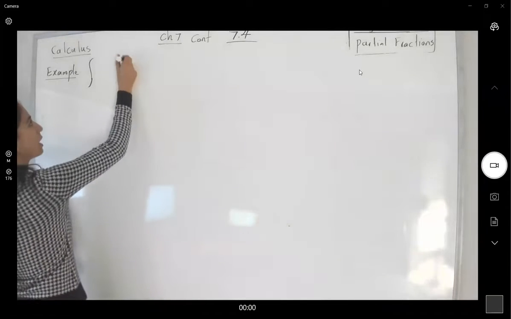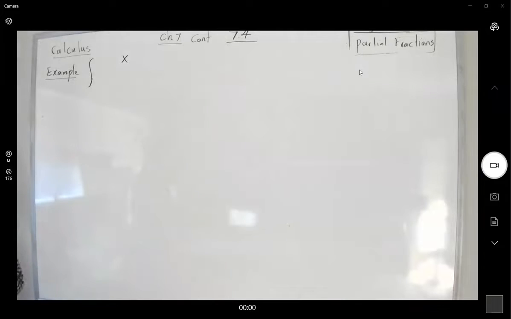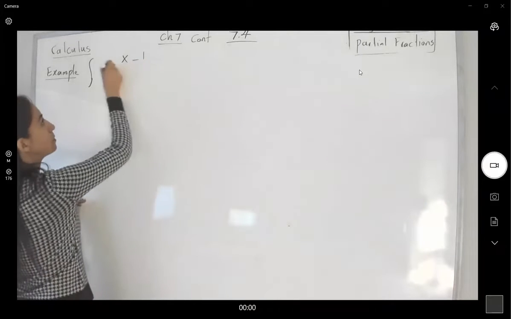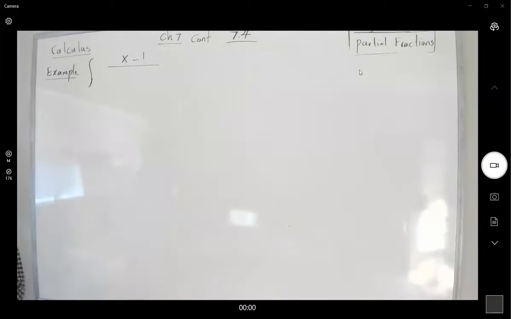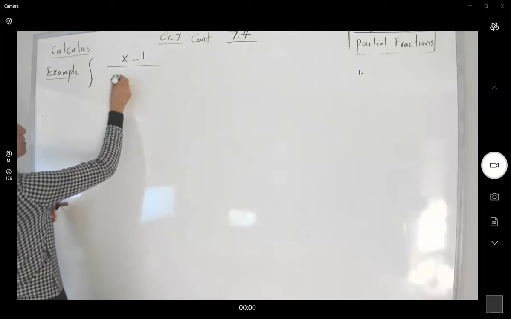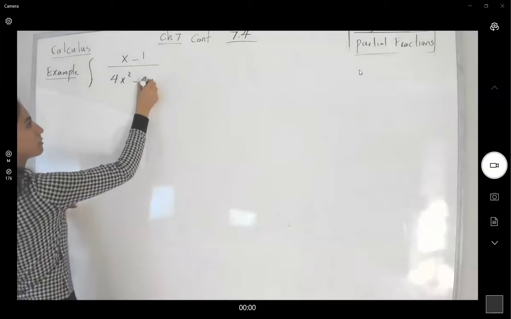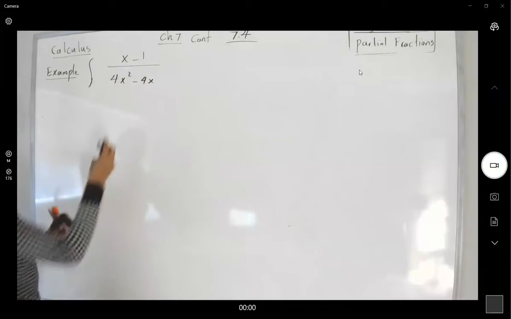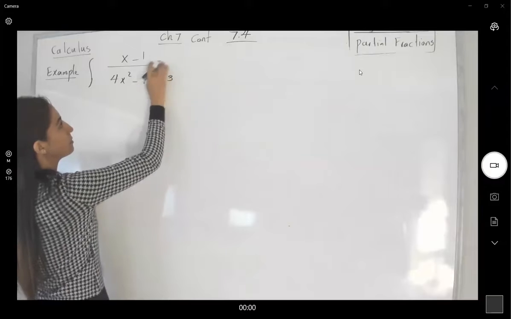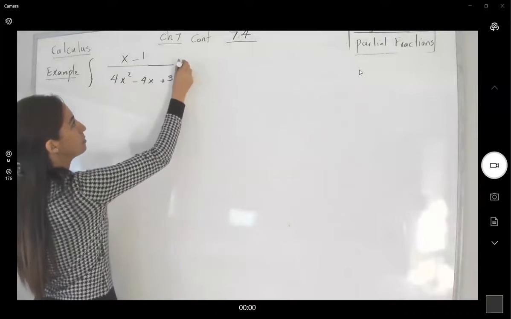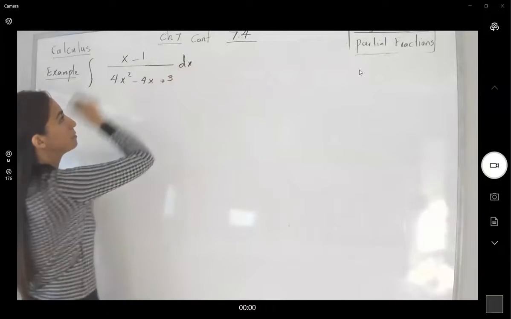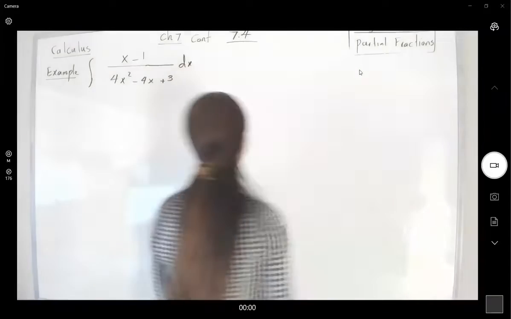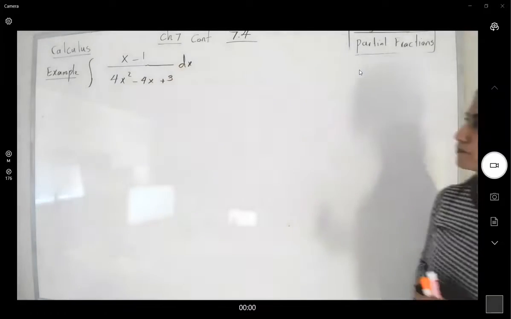Suppose you have the integral of x minus 1 divided by 4x squared minus 4x plus 3 dx. Well, okay.